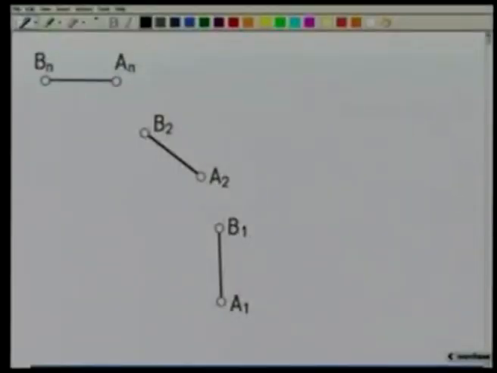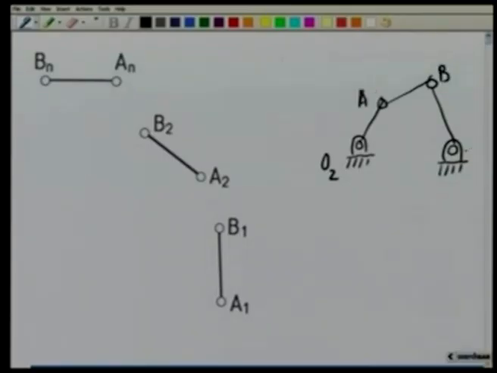At this stage, let me say what we mean by a guidance problem. Suppose we are talking of a 4-bar linkage, namely O2, A, B, O4, where AB is the coupler.